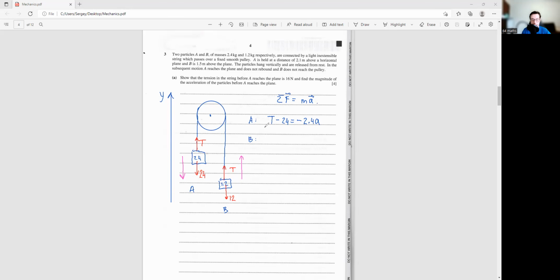And for the particle B, it's going to be positive tension, T, minus the weight, which is 12. And this time acceleration is positive because it's moving up. So it is 1.2 times acceleration. And now we got simultaneous equations. So we can subtract one from the other.